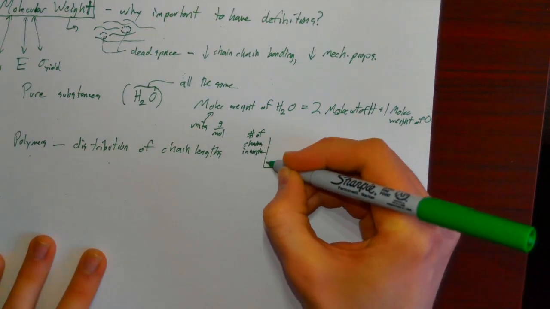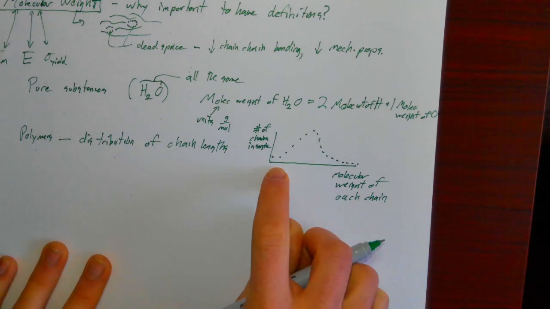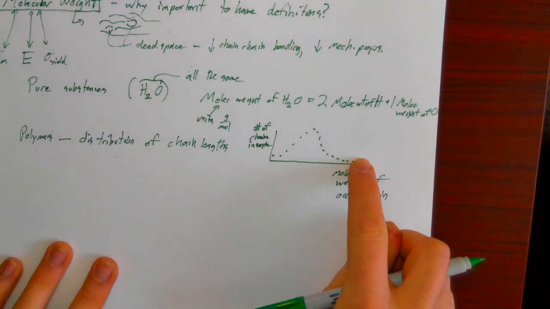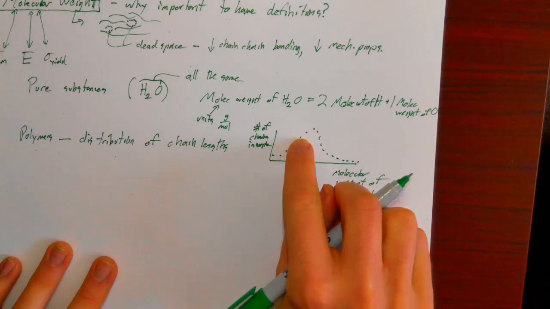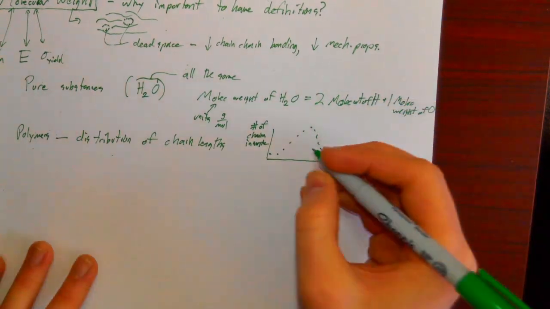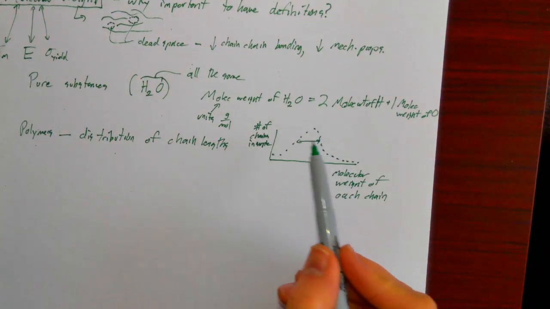What you might end up with is essentially some kind of histogram, right? Where you have very, very few short chains, and very, very few long chains. Most chains are sort of around some particular value, but there's a distribution, right? Not all chains are the same length.